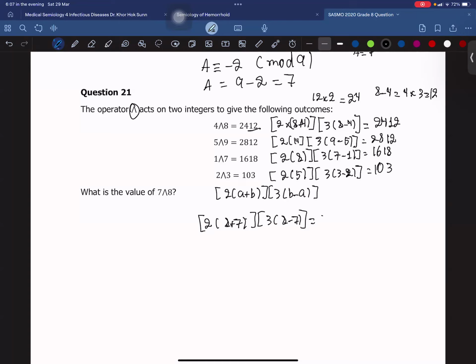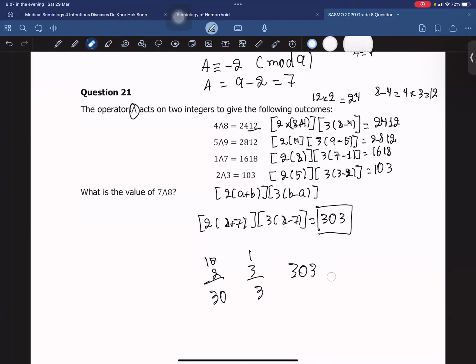It's equal to 33. If I calculated correctly, I think it's the answer. Yeah, sure, it is the answer. So 15 times 2, it's 30. 1 times 3, it's 3. So 303. So it's correct. Yeah, so this is the answer.